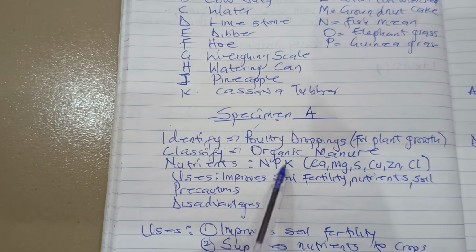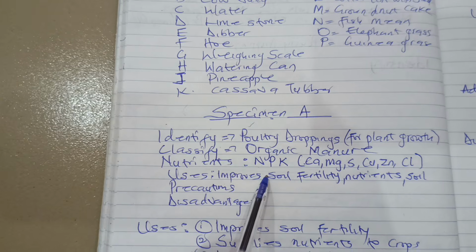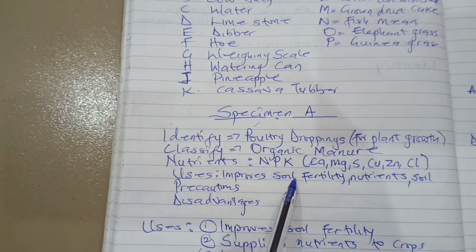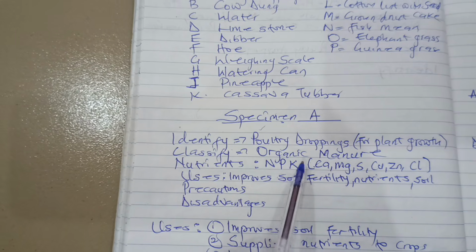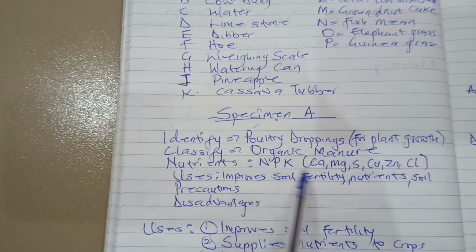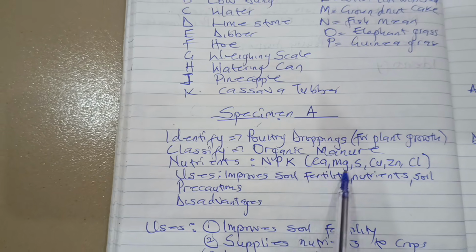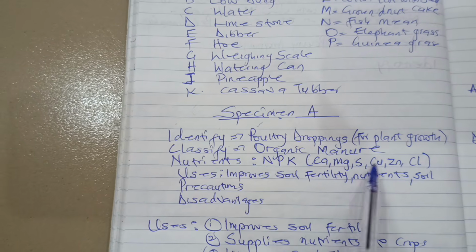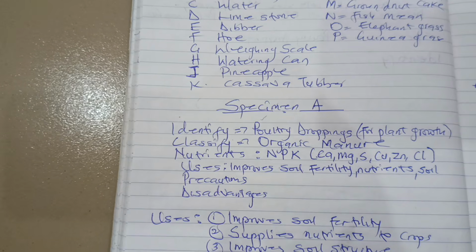Okay, that is why poultry dropping is very, very essential, very important, and sometimes it can be very expensive because it is rich in this nitrogen, phosphorus, and potassium. Okay, if you're asked to identify three, you must first of all put the NPK. Then other nutrients it contains include calcium, magnesium, copper, zinc, and the rest of them. But don't forget the NPK.